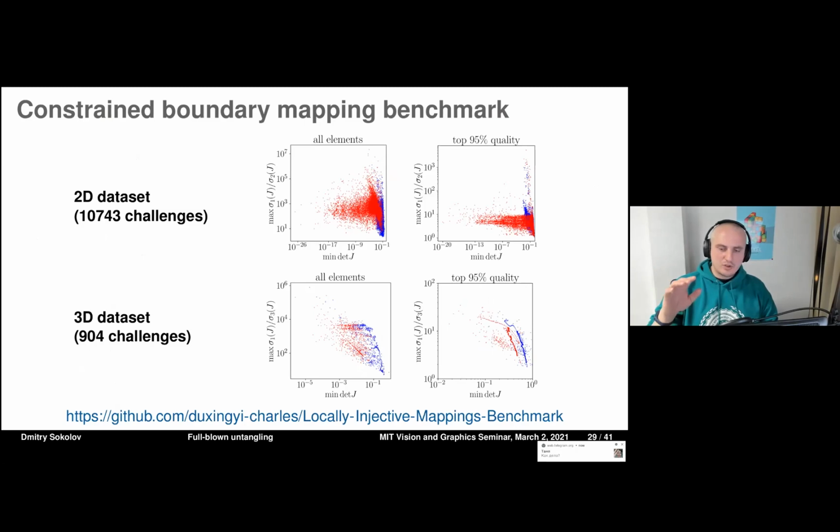This slide shows quality plots of the resulting locally injective maps for every challenge from the database. Our results are shown in blue, and the results by Du et al. are shown in red. Each dot corresponds to the quality of a map reduced to two numbers, the maximum stretch and the minimum scale. Long story short, we have zero fails on the benchmark, and we have a very good quality of the maps.